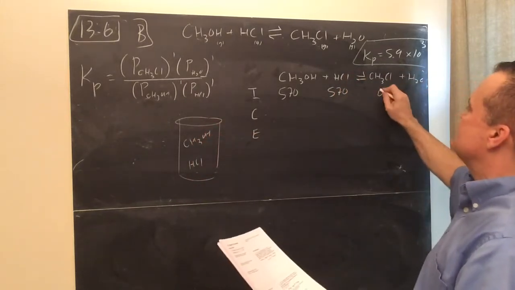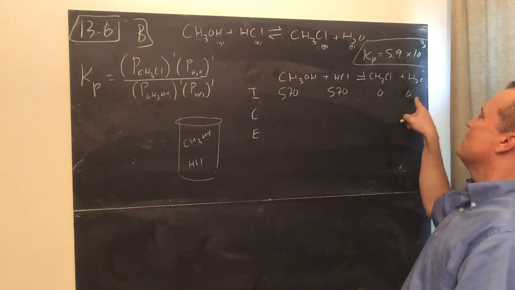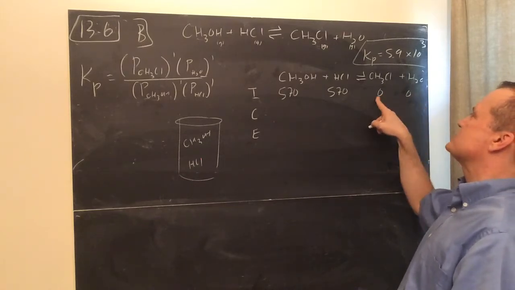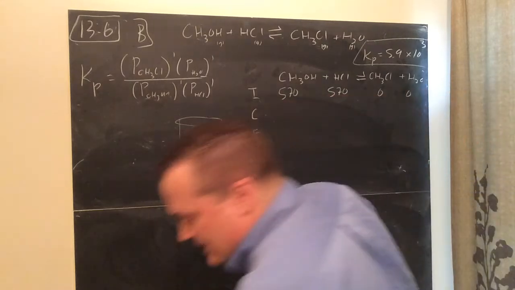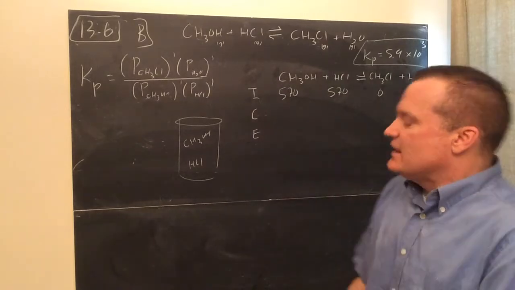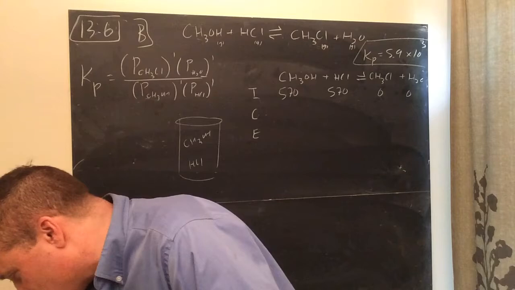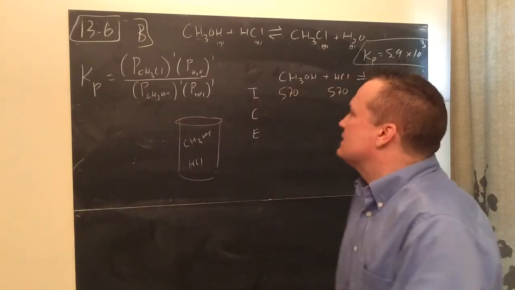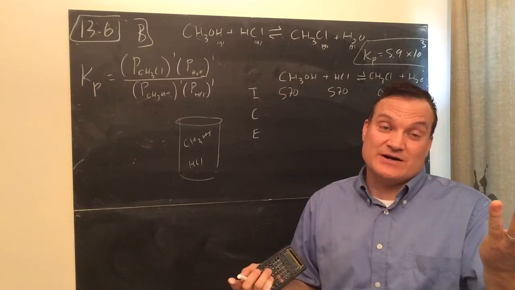So that means I have zero. Initially, I have none of this and none of that. No pressure from H2O gas. No pressure from CH3Cl gas. Only these two things. Okay. What is going to happen over time? Will this system shift to the left, or is it at equilibrium, first of all?